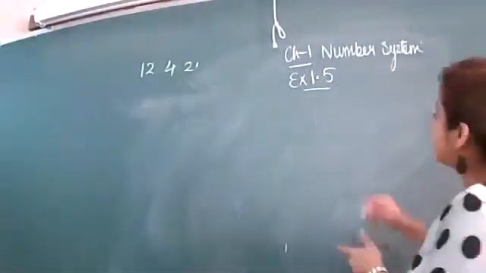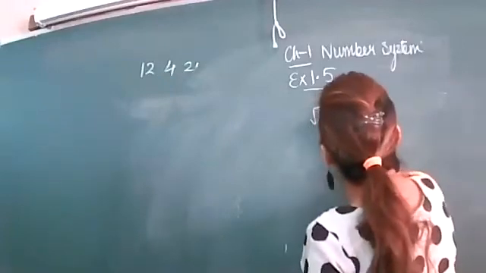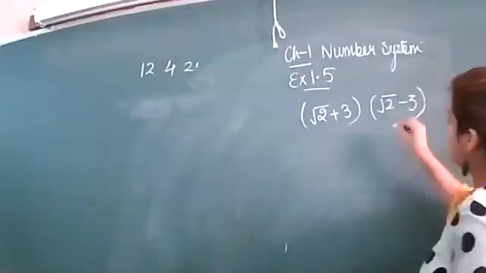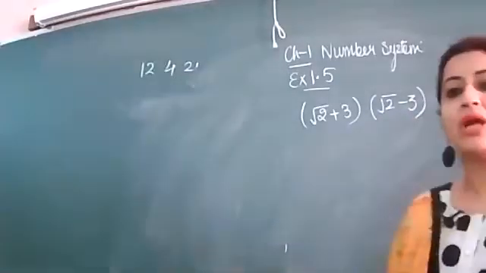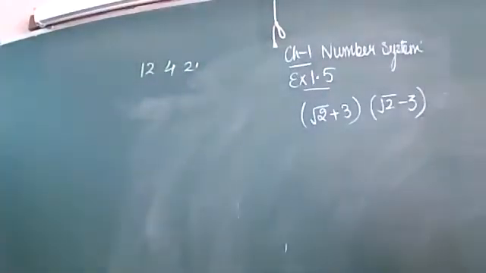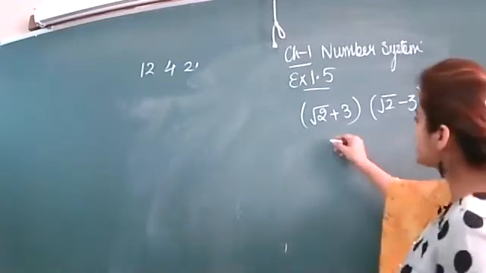Like if you want to multiply root 2 plus 3 with root 2 minus 3, what you will do here? You can use the formula, that is a plus b, a minus b, equals a square minus b square. So firstly you will write the formula side by side in the bracket.